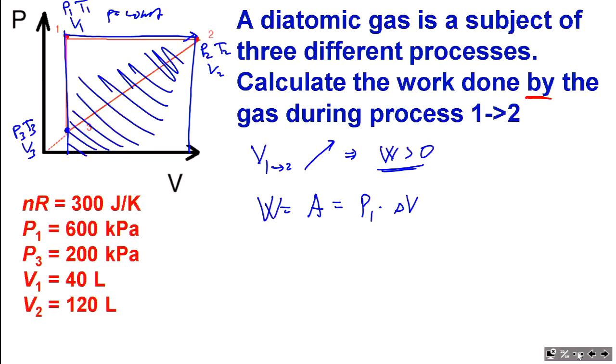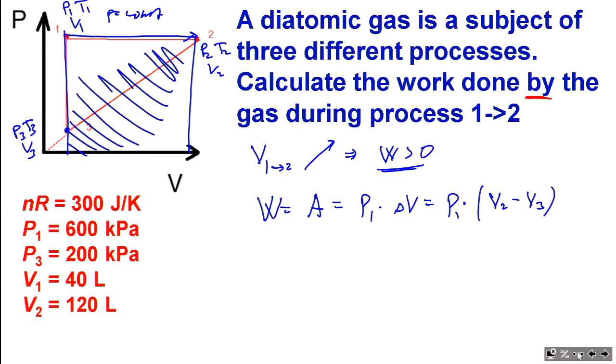And what we need to calculate is the product of pressure number 1 and the difference between volume number 2 and volume number 3.